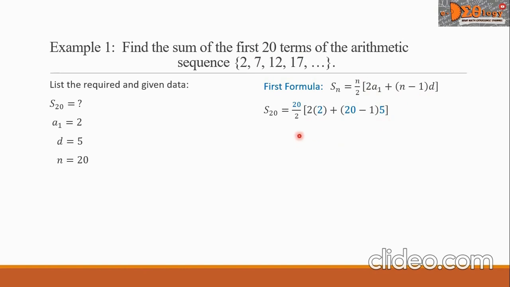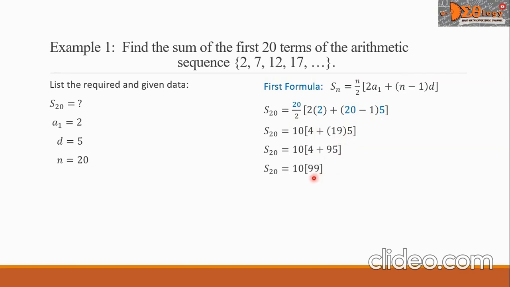Simplifying further, we can have this 20 over 2 is 10. 2 times 2 is 4. 20 minus 1 is 19 times 5. And then we will multiply 19 and 5. It becomes 95. We will take the sum of 4 and 95.